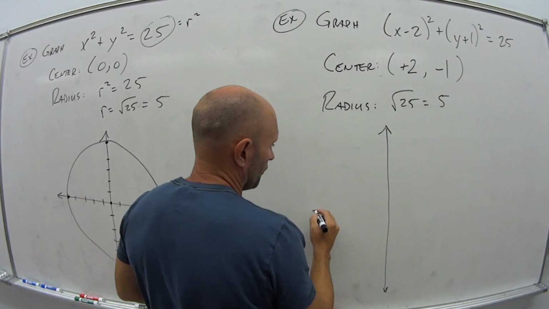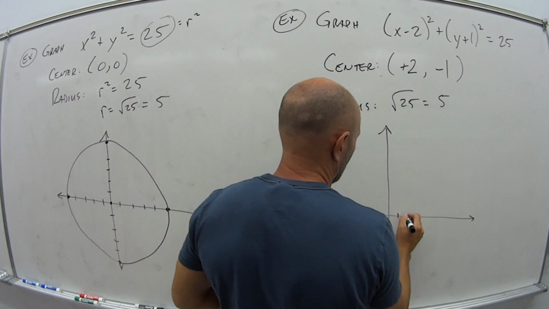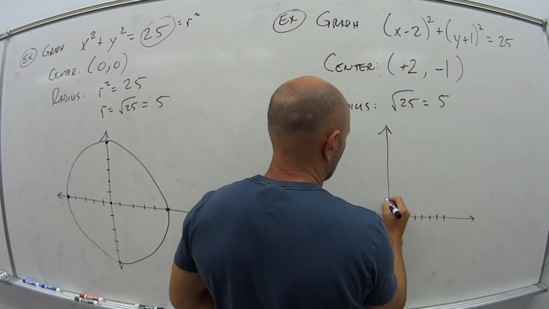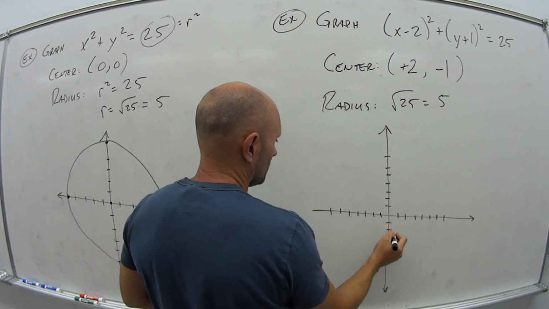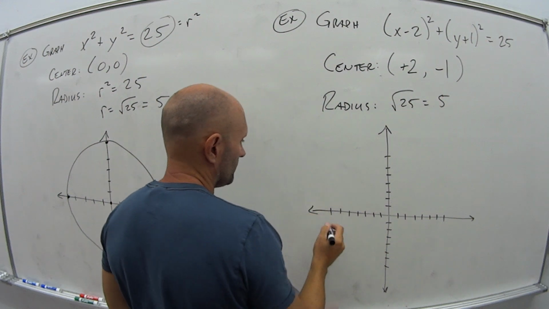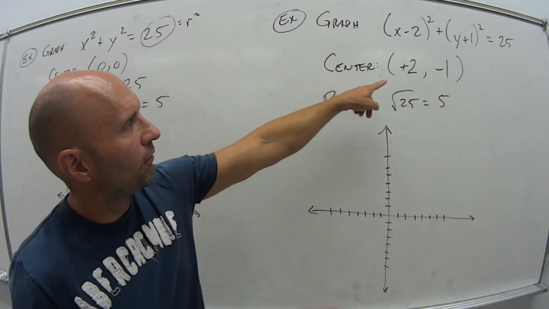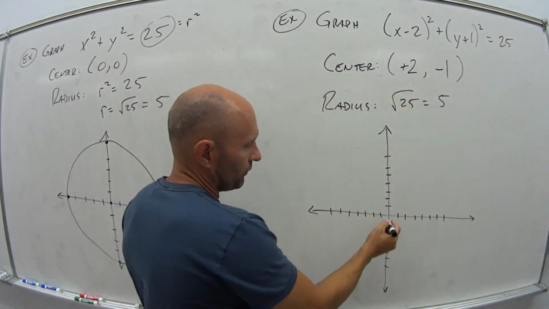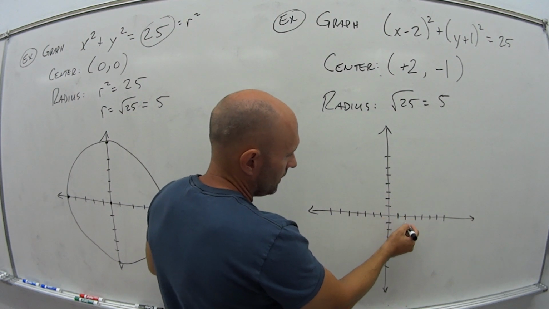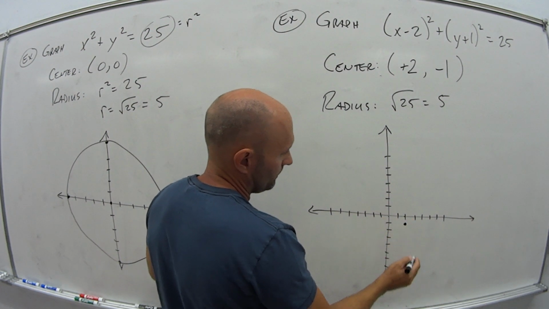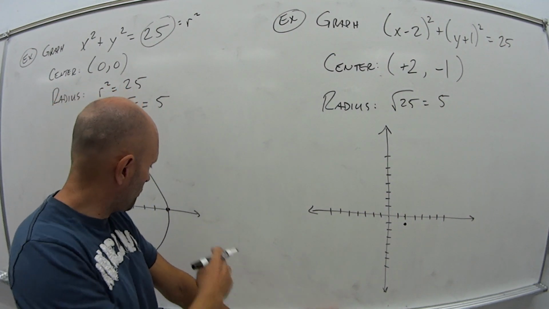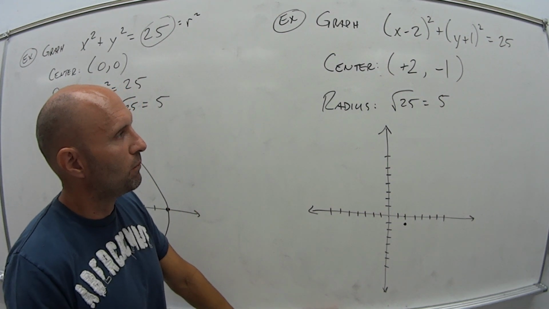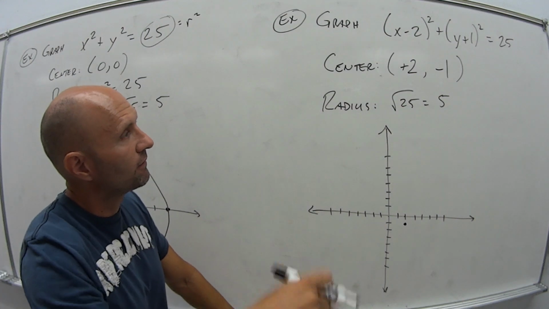So now if I draw this, my center is at (+2, -1). So that's where? +2, -1. So here. Now I have to be careful when I'm plotting these points, because I'm not on the axes anymore.